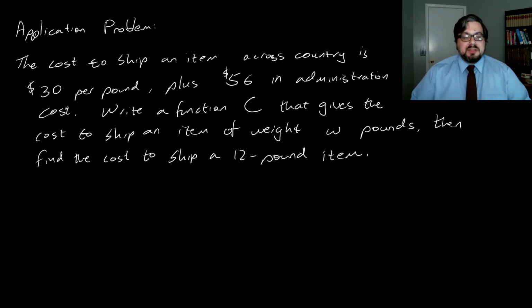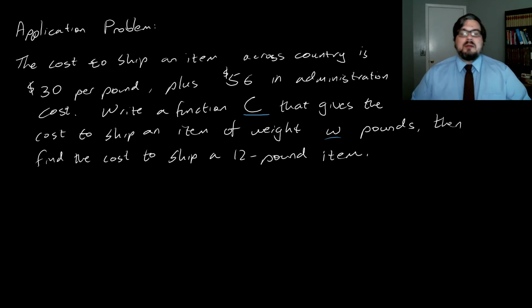So for this problem, we are being told to use different symbols than we were before. Before, we were using f's and x's, or sometimes g's or h's for our function. Here, we're being told to use different variables. We're told to use c as the name of the function and w for the weight of the item.